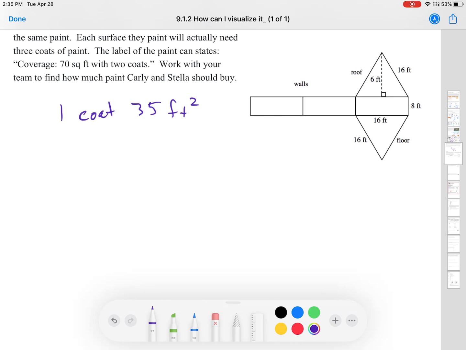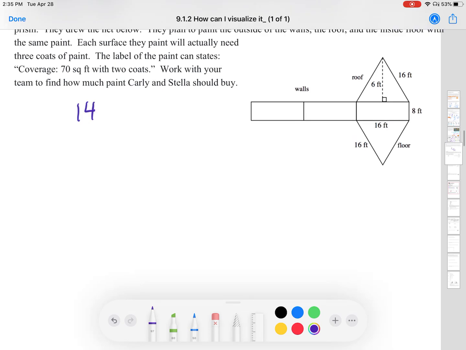Ultimately, what does each can cover? Each can covers 140 square feet, right? Because if it goes over 70 square feet once, and then a second coat, that means it can cover 140 square feet total, right? So let's find the area of each of these.